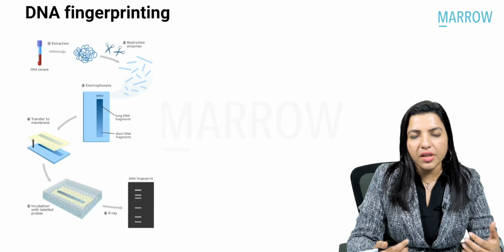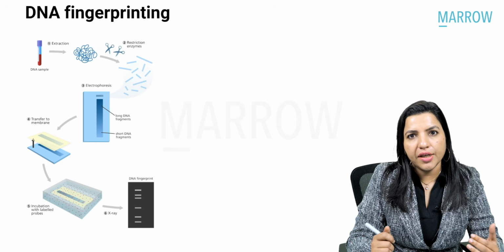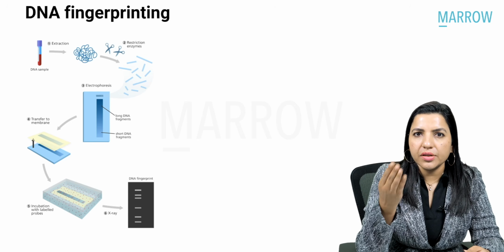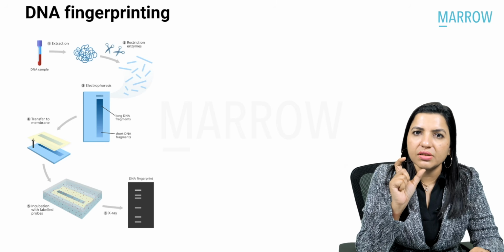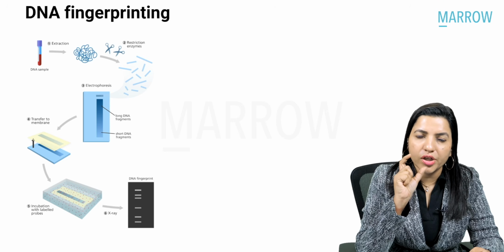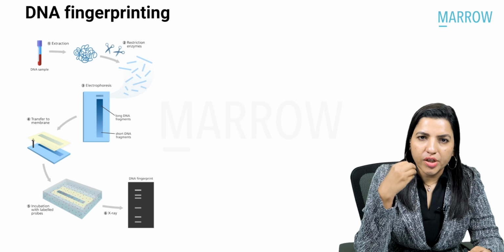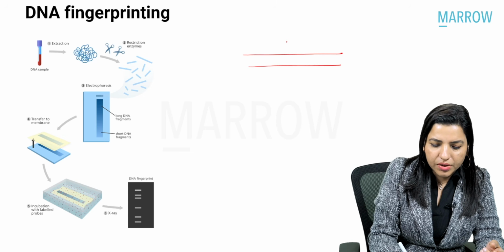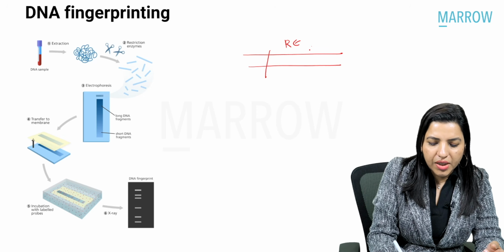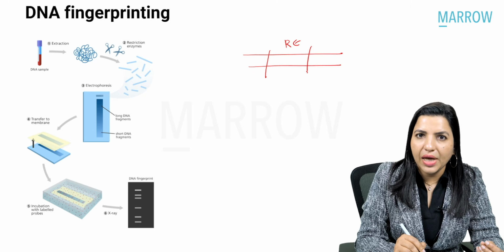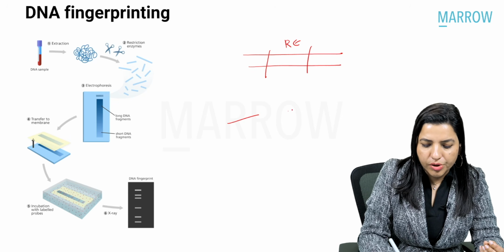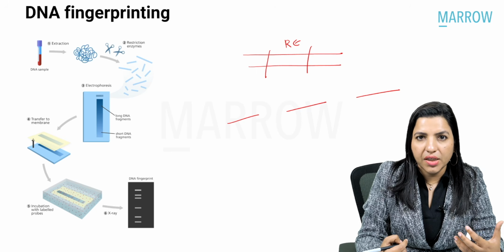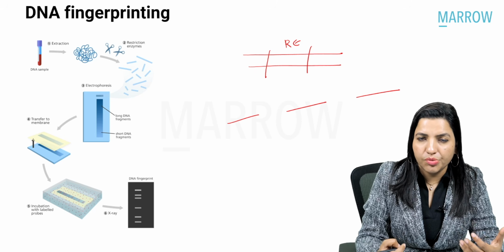So then what is DNA fingerprinting? We know that every individual, when compared to another individual, has normal variations in the nucleotide sequence. They are called polymorphisms. Because of this polymorphism, if a person's DNA is treated with restriction endonuclease, it will cut the DNA at specific palindromic sites, so that DNA fragments of specific lengths are produced.